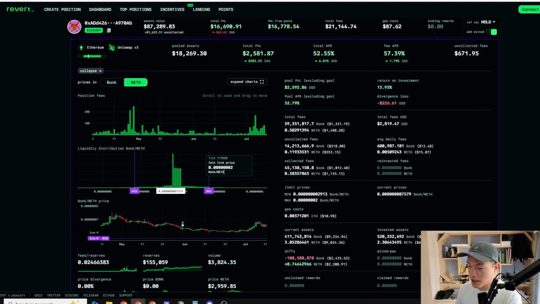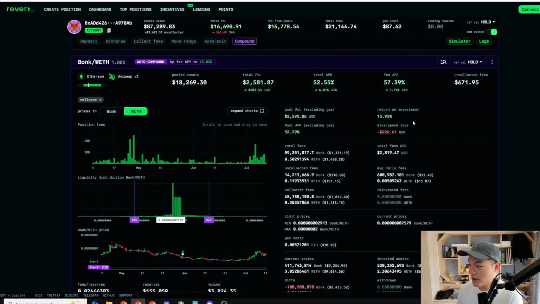They try to rebalance up again to catch the range, and then it drops back down again. So my strategy would then suffer no impermanent loss or very little impermanent loss while earning a ton of fees, right? You can see here, divergence loss, only $200 something. I'm outperforming holding in the market by $2,000 something. So that's the first way.